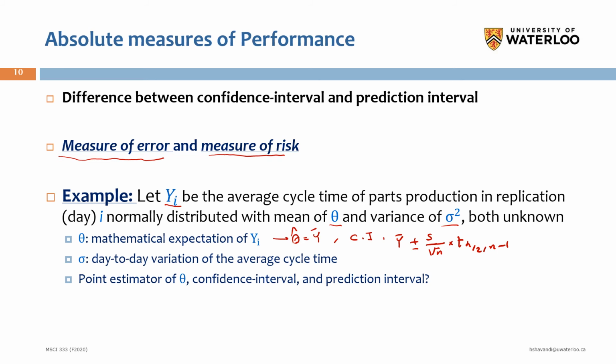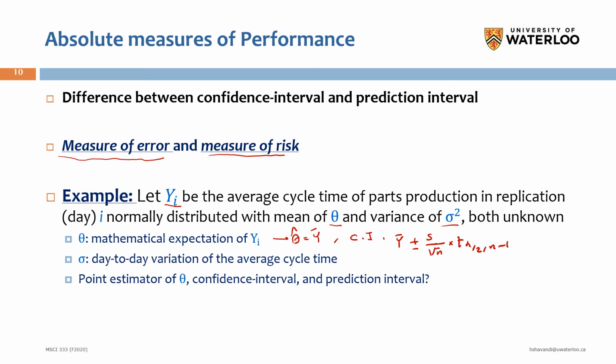So now let's say we're going to make a promise about the cycle time on a particular day. A good guess is theta hat, y bar. But we know that it wouldn't be exactly this, the cycle time on that particular day.